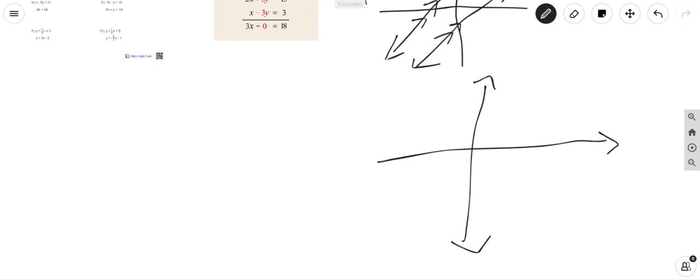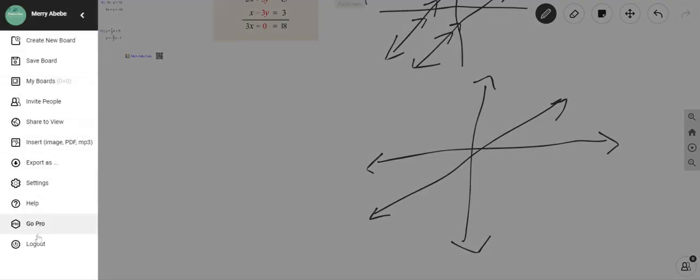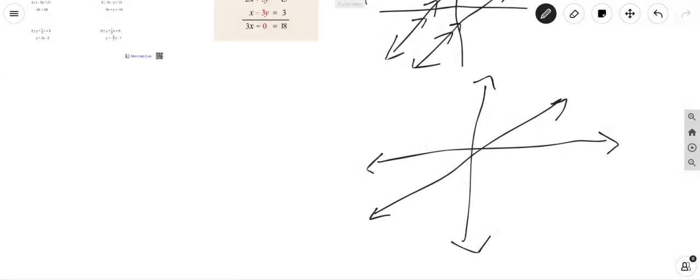The reason for this would be that they lie directly on top of each other. They are the same thing. They lie on the same line.